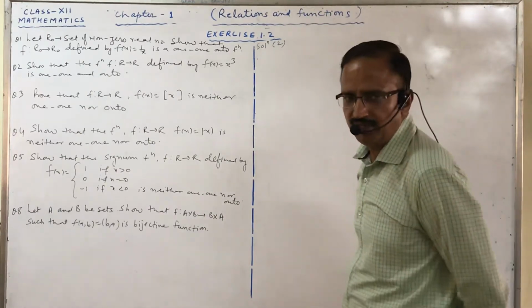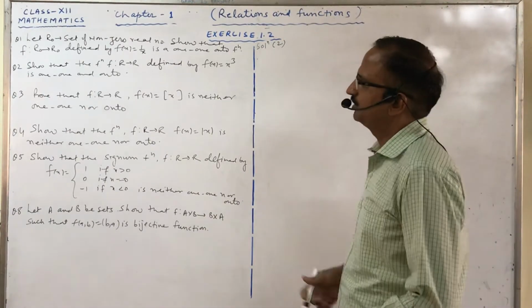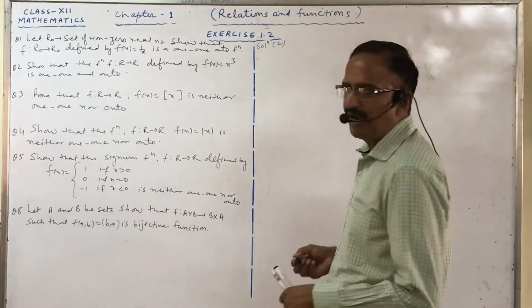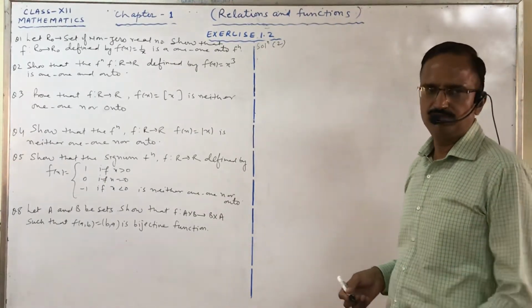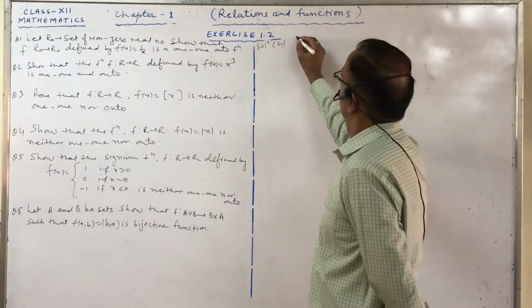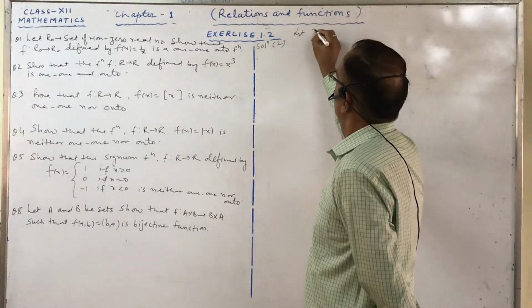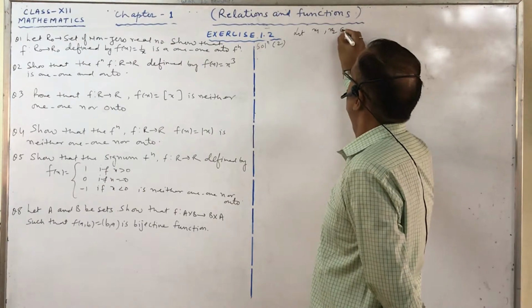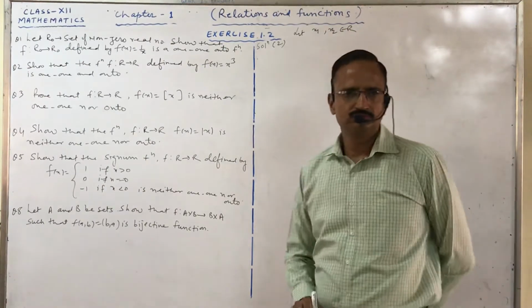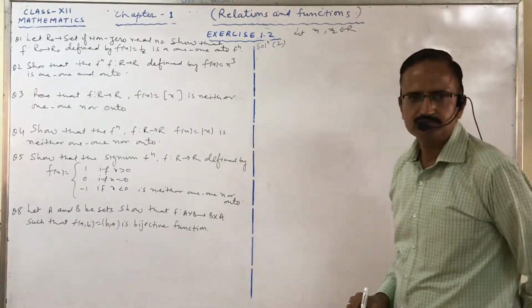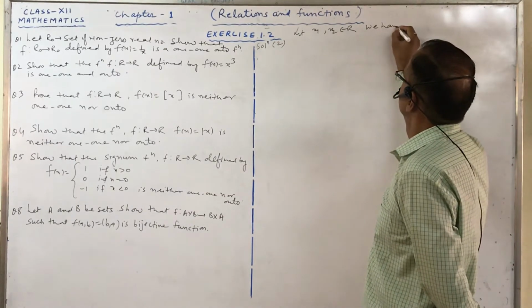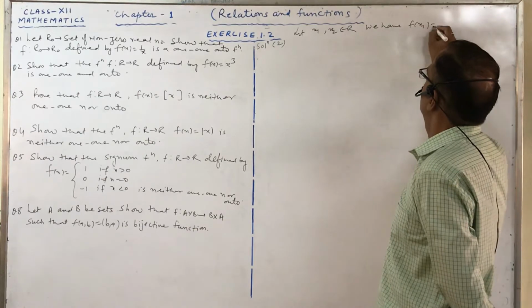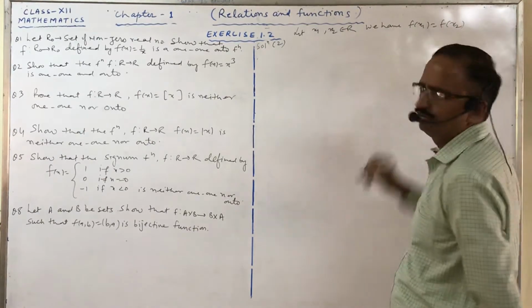So in the same way as we have done in question number 1, we will start with two different elements x1 and x2. Let x1, x2 belong to R. We have f(x1) equals f(x2).